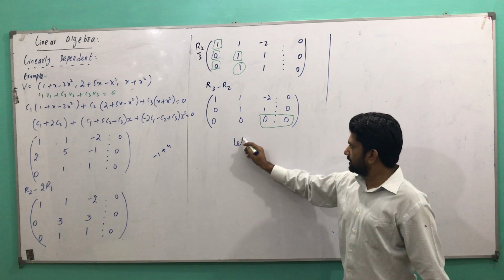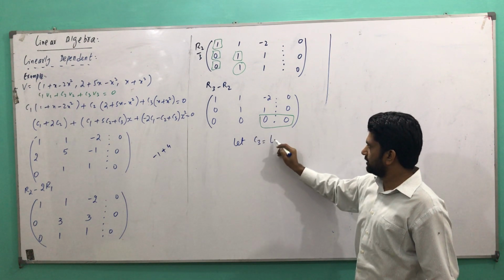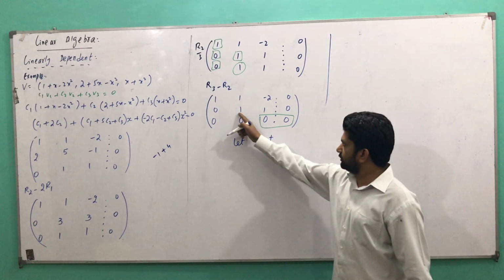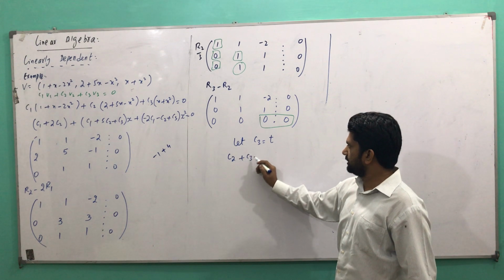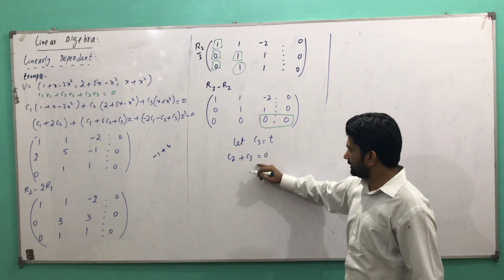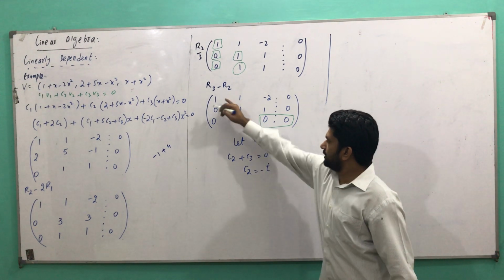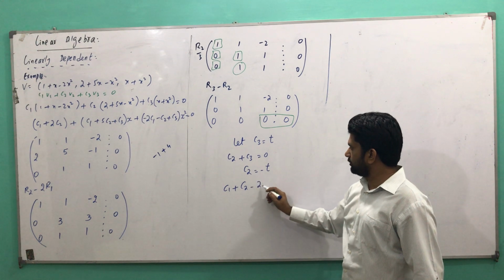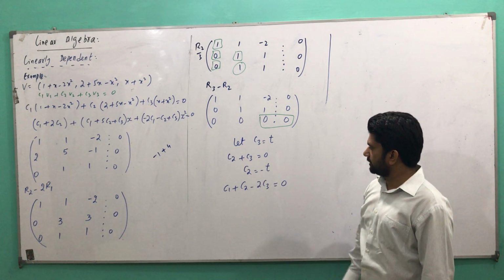From here you can say let c3 be any variable, suppose t. From this you have c2 plus c3 equals 0. c3 is t, so c2 becomes minus t. From the equation c1 plus c2 minus 2 times c3 equals 0, you need the answer for c1.